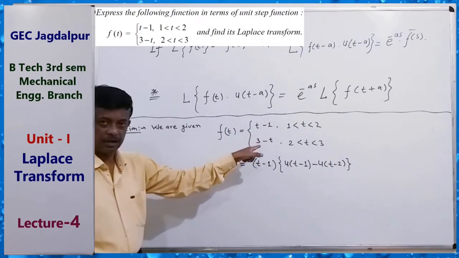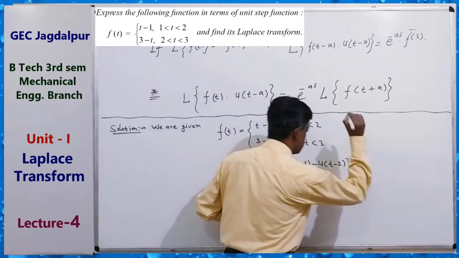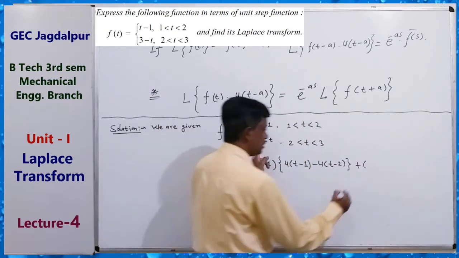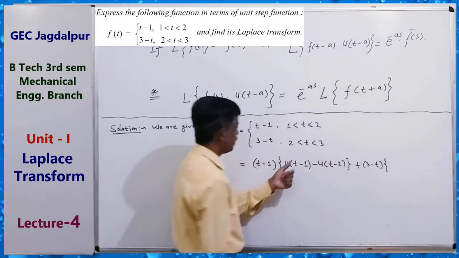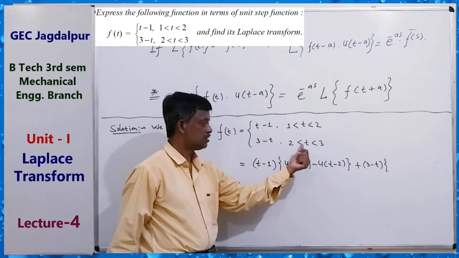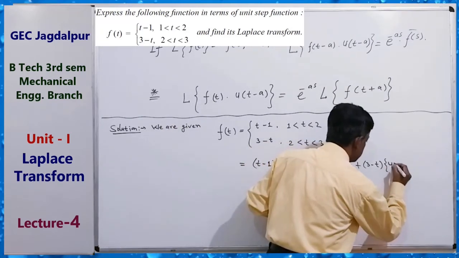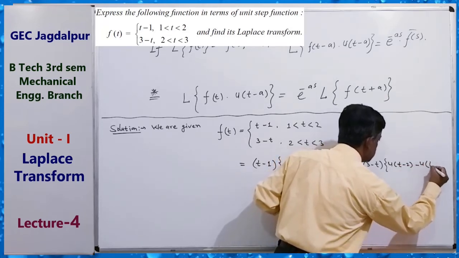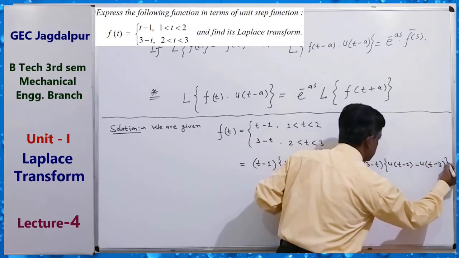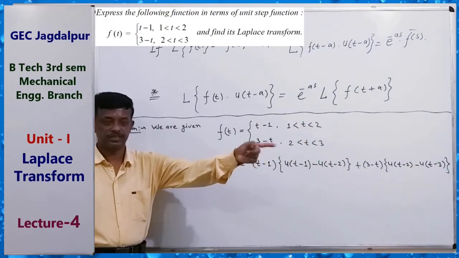Also here, another part: plus 3 minus t is multiplied by the unit step function u(t minus 2) minus u(t minus 3). So this is the conversion in terms of unit step function.